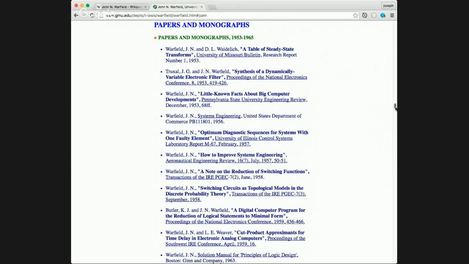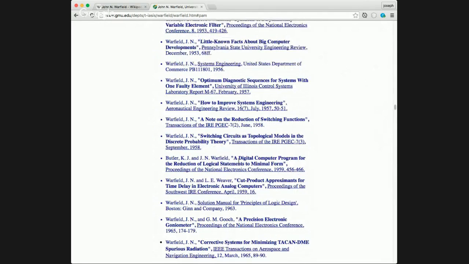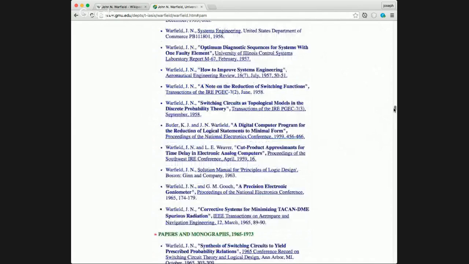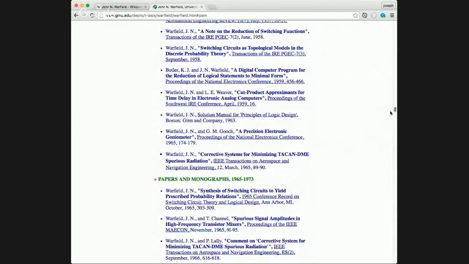And as it goes on, basically it looks at analog computers and how analog computers and circuit theory can be applied to logic and logical systems. This is very interesting from my point of view, because the work is not really well known today.